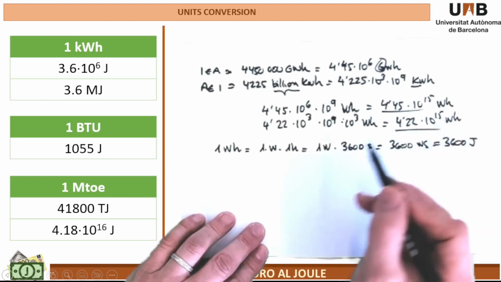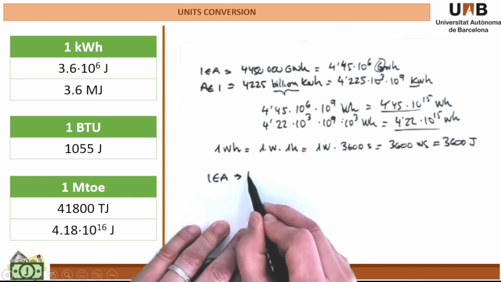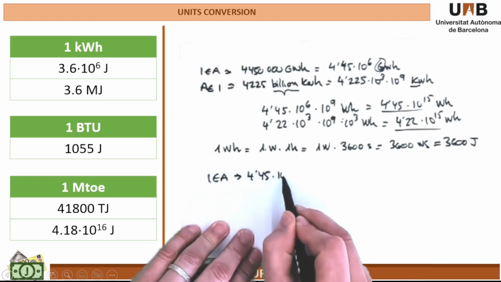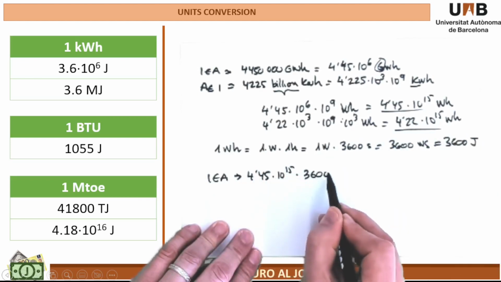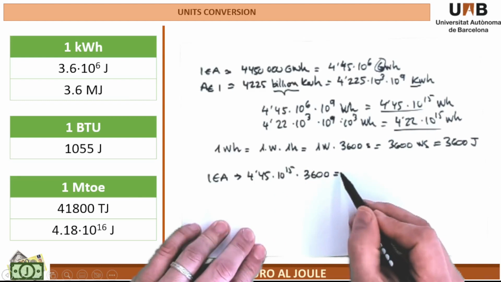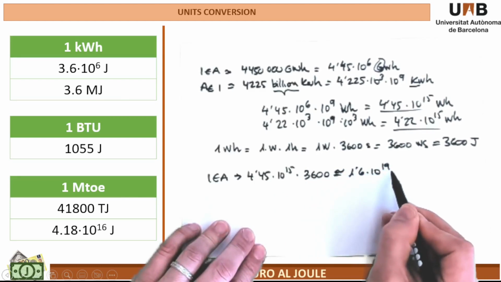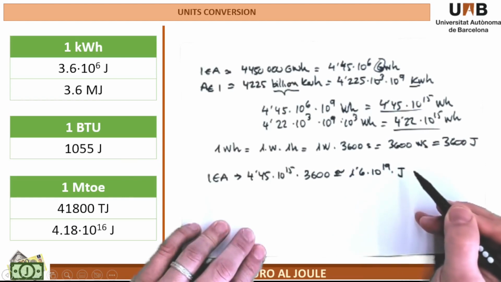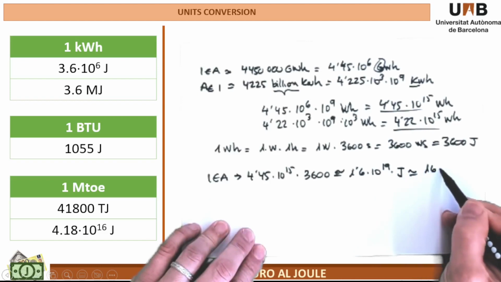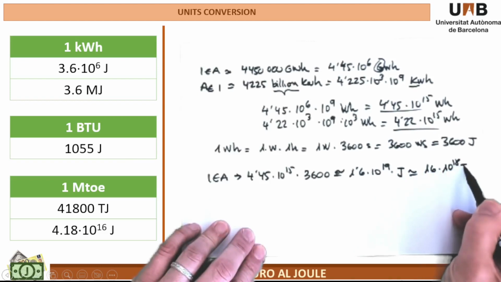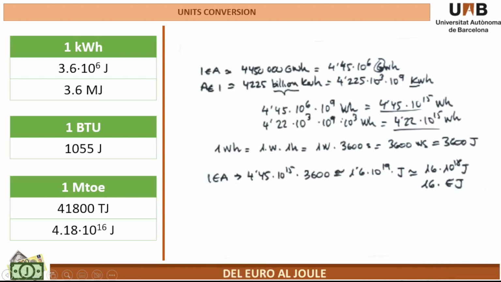When we convert this, we get 445 10 to the 15 watt hour, that multiplying by 3600 is approximately 1.6 10 to the 19 joules. That, remember, is approximately 16 10 to the 18 joules, that is 16 exajoules.